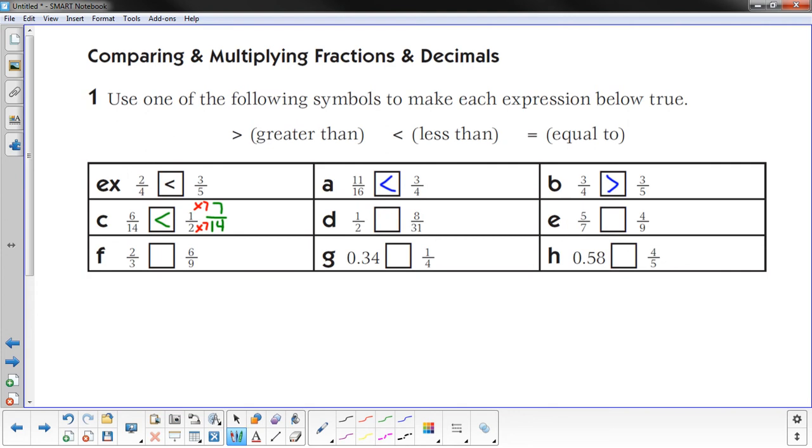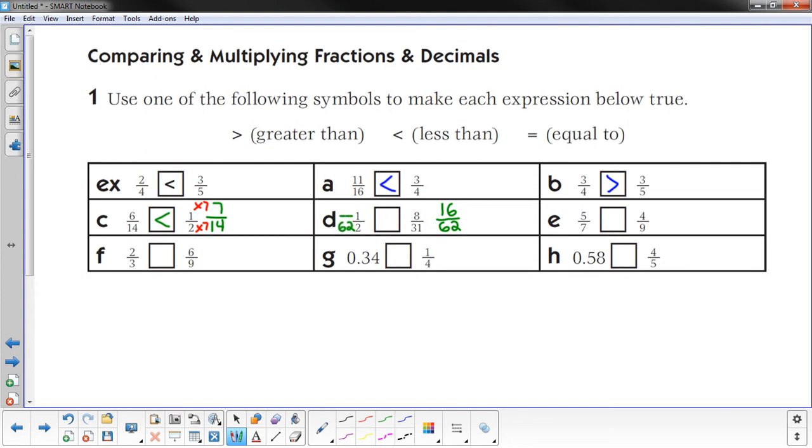D. D's kind of tricky, don't you think? Because you have a 31 on the bottom. But I know I could double that. If I doubled that, I get 62. Kind of tricky. Half would be 62.